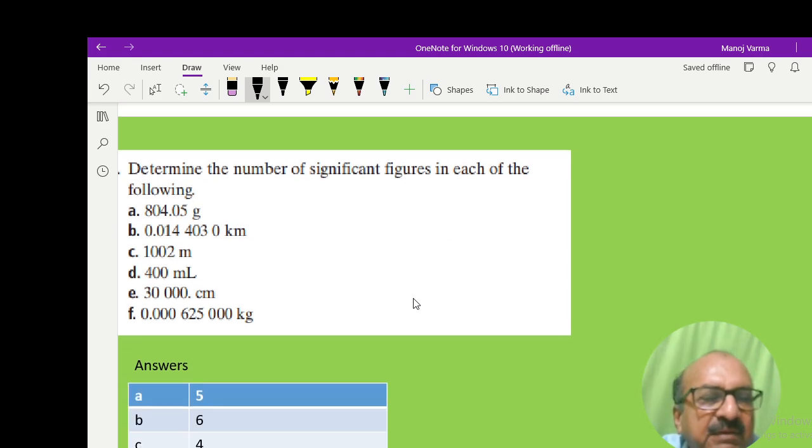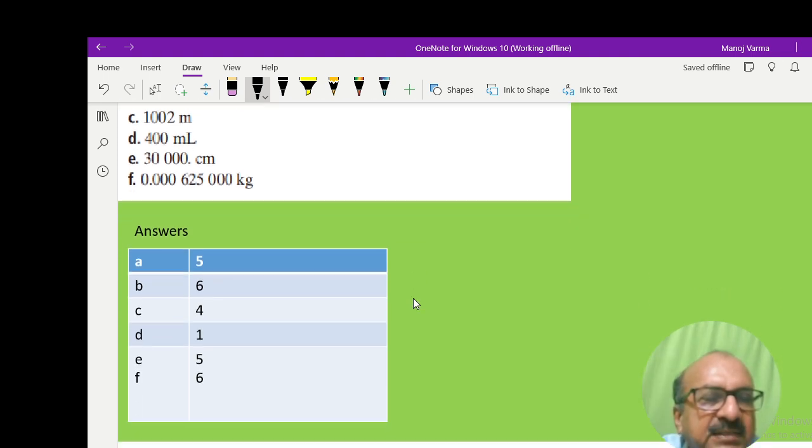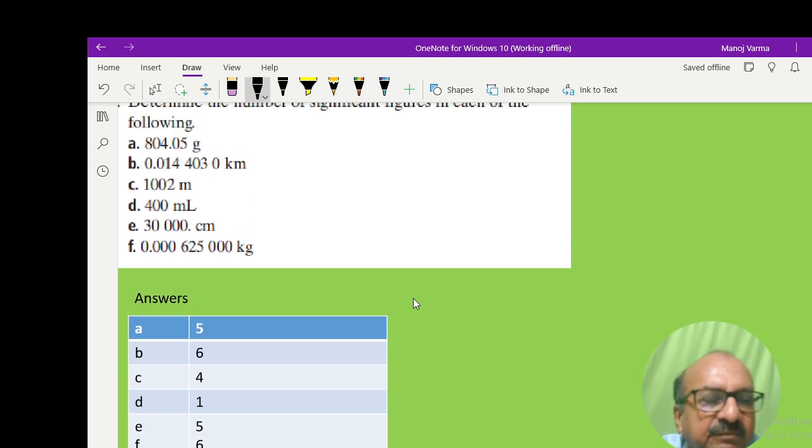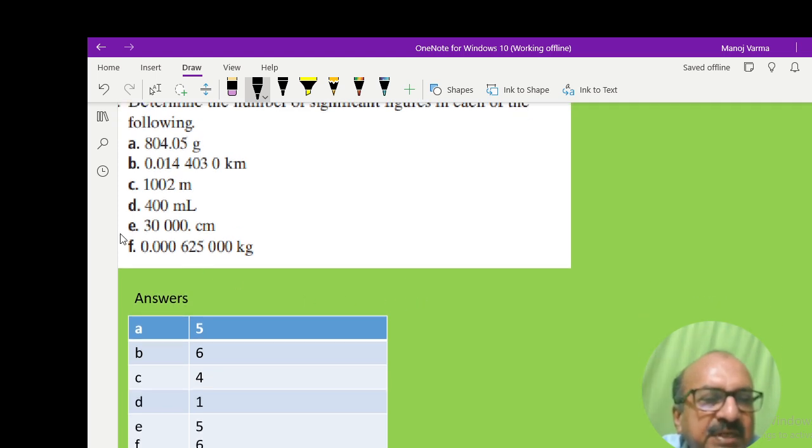Right? So in the same way, if you decide about this, then you can easily compare the answer and find out how many significant figures. For example, if you see D, then there is only one significant figure because there are no decimal points, so these zeros occurring at the end are not significant, so only one.